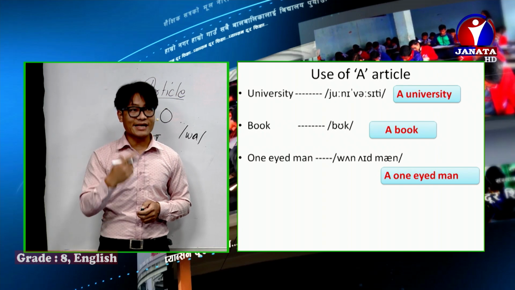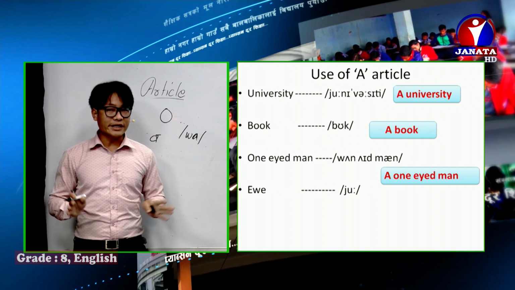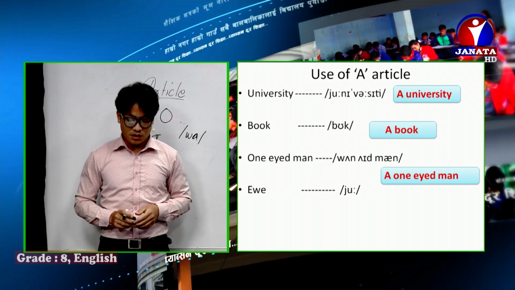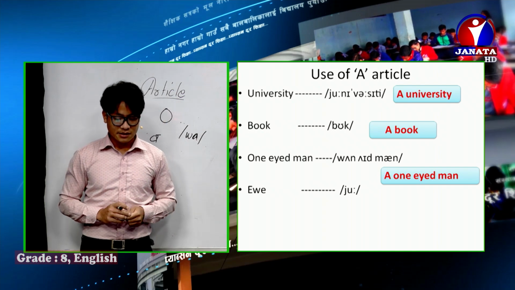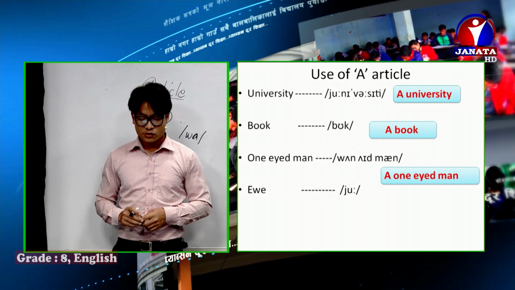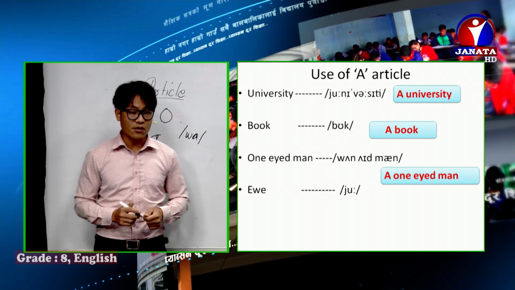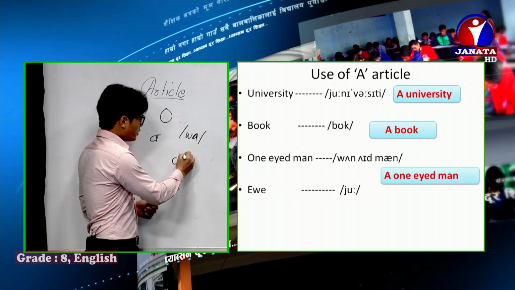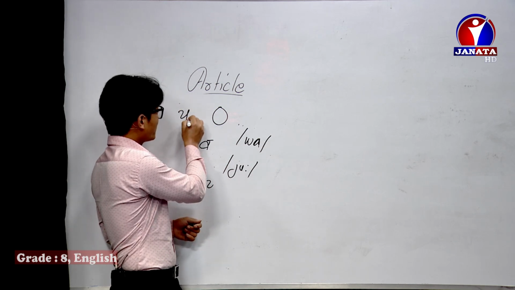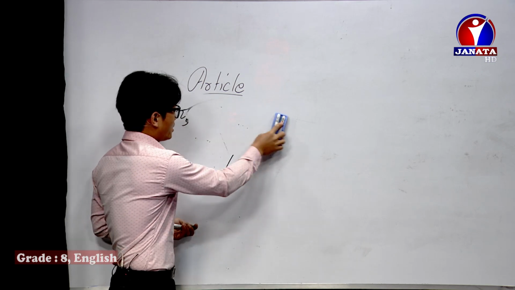And now, the next example is ewe, E-W-E. So this is a word which is highly asked in SEE examinations. So how do you pronounce this? I have written there the sound. It's pronounced 'yu'. This word is pronounced 'yu'.